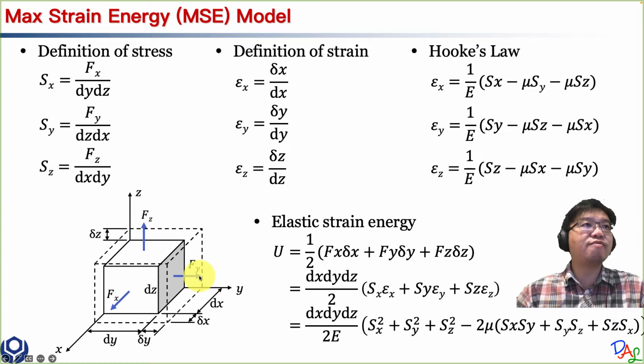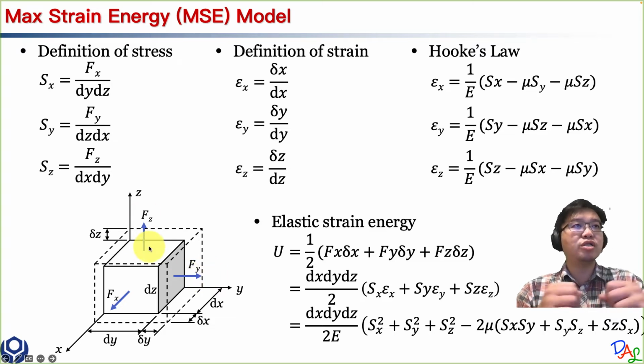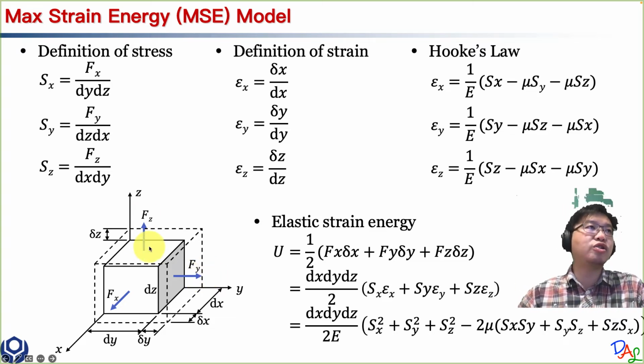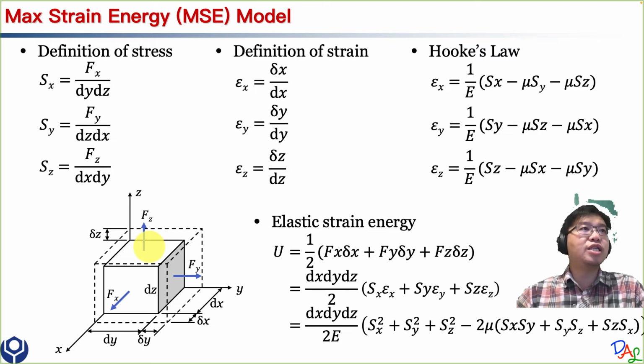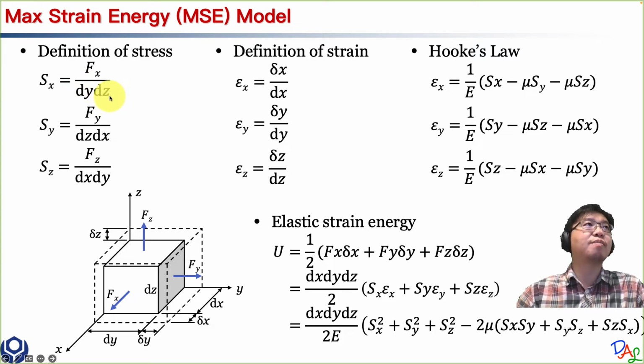Since we have pure tensional force on each direction, so we can easily calculate the stress, the normal stress on each direction. So we will have normal stress x equals to the force over the area, the stress area.